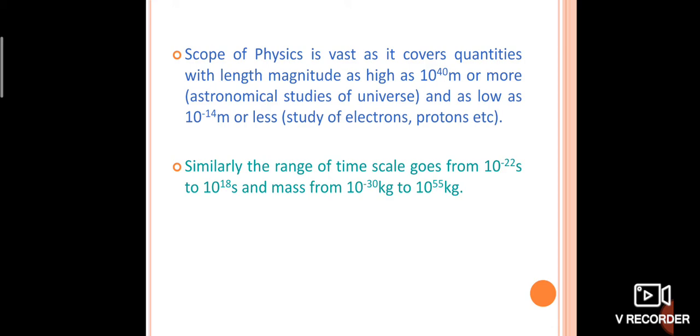Similarly, the range of time scale goes from 10 raised to minus 22 second to 10 raised to minus 18 second. And the range of mass goes from 10 raised to minus 30 kg, that is the mass of an electron, to 10 raised to minus 55 kg, that is mass of the universe. The scope of physics explains the ranges of length, time and mass.